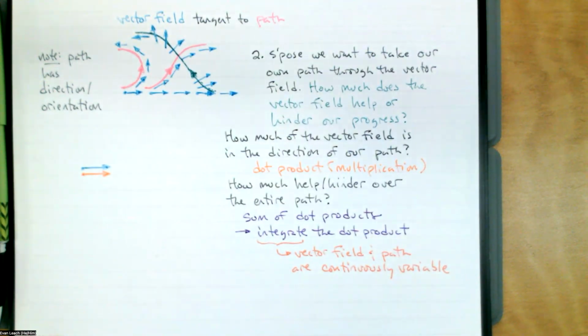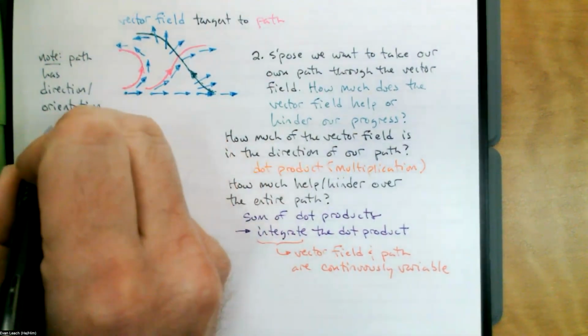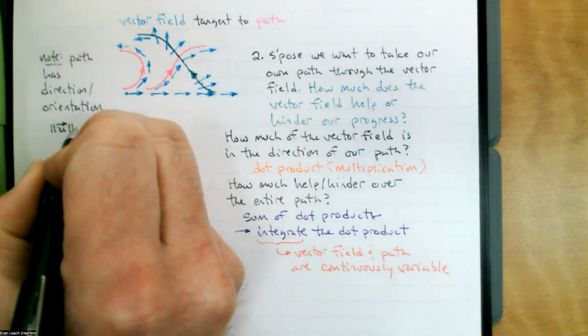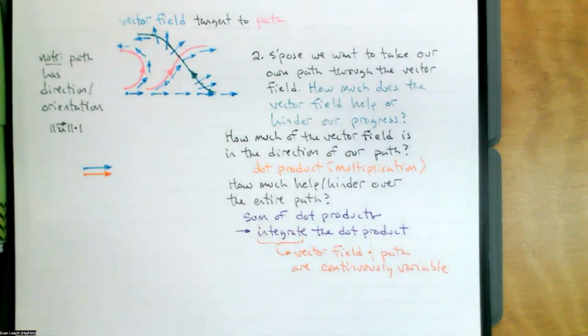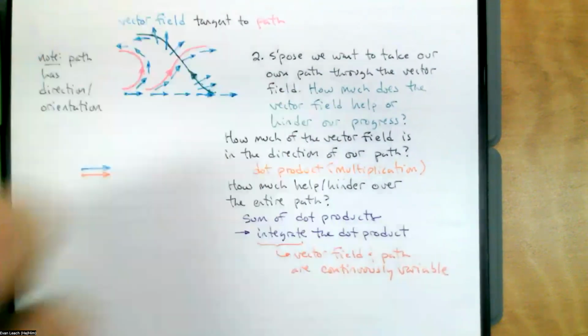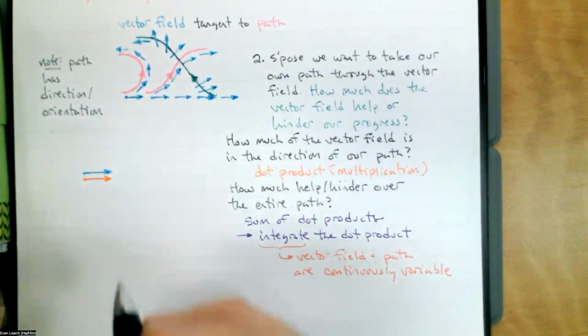Remember, the dot product is based on the cosine. U dot V, oops, these are vectors. The dot product is based on the cosine.